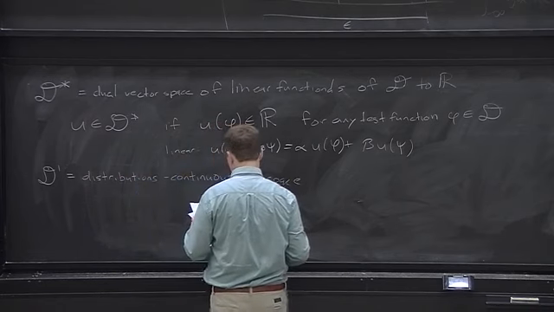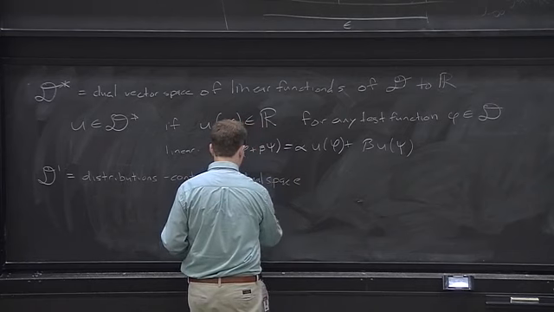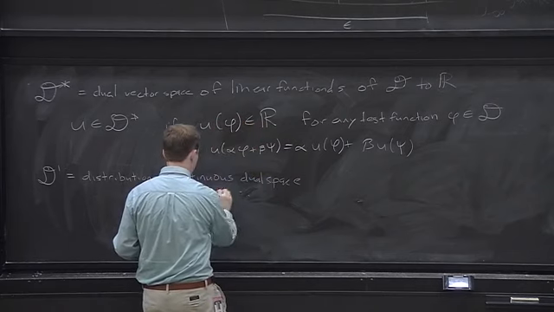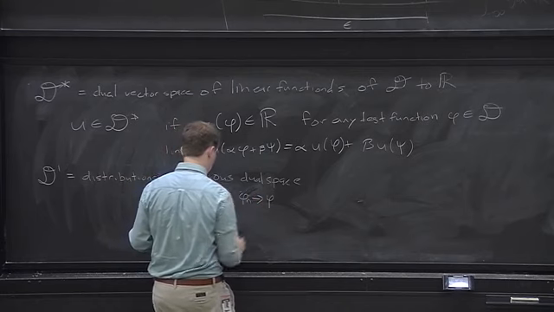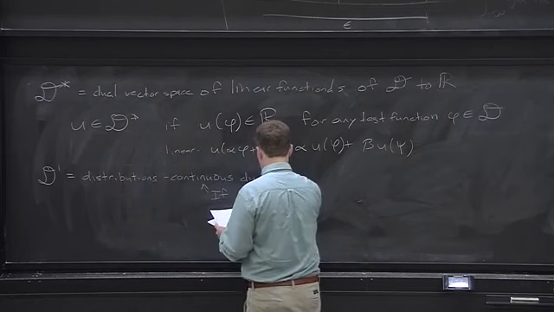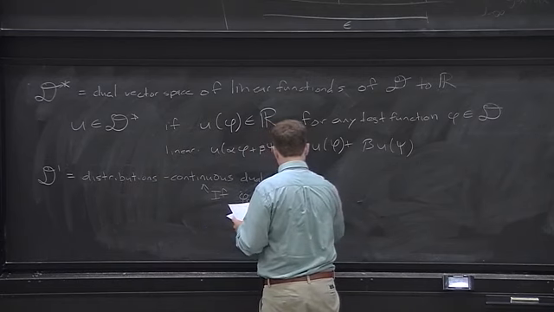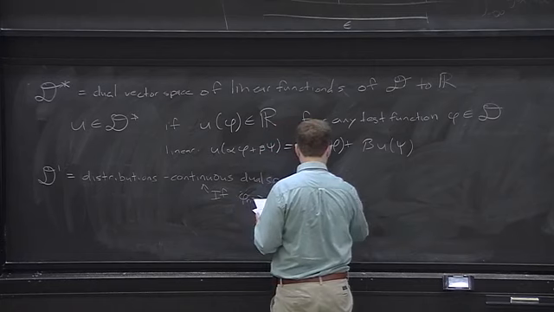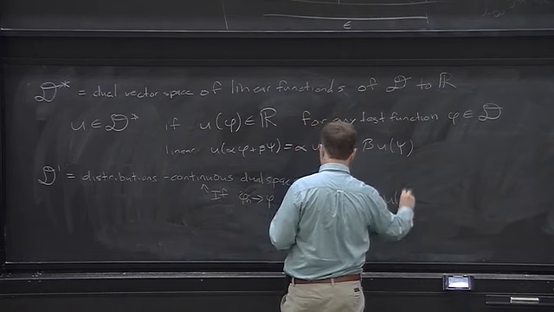So that means that if we have a sequence of test functions that approaches a limit, then u of phi n goes to u of phi.